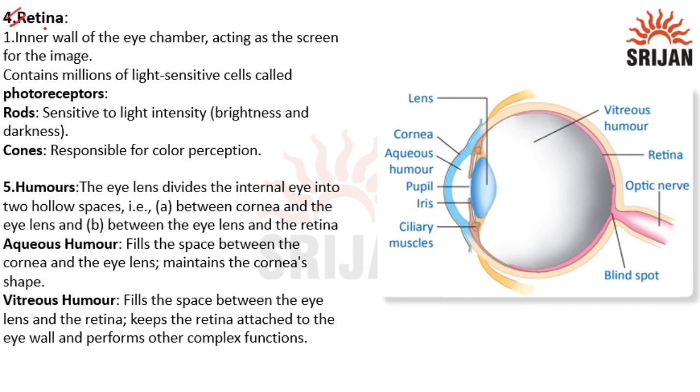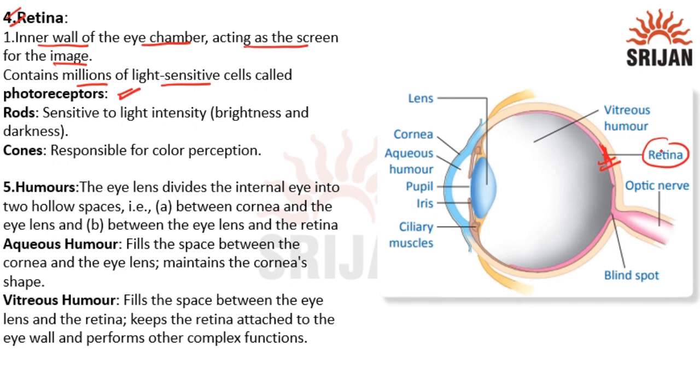Fourth one is retina. Retina is the innermost wall of the eye chamber and it acts as a screen for the image formation. It contains millions of light-sensitive cells called photoreceptors.